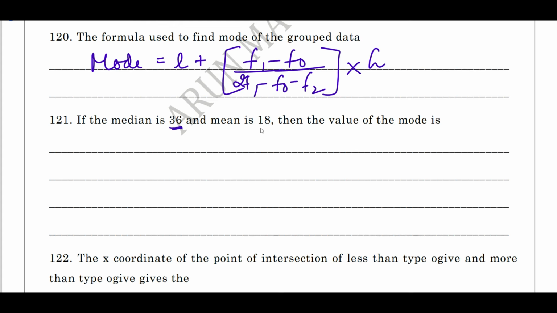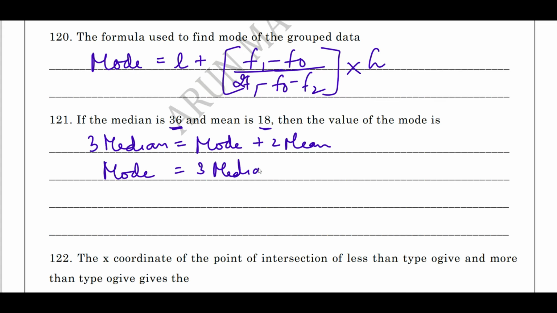Given median is 36, mean is 18, we need to find out the mode. So we know that 3 median equals mode plus 2 mean. Now mode equals 3 median minus 2 mean. Just shift this to LHS. Now mode equals 3 into 36 minus 2 into 18.